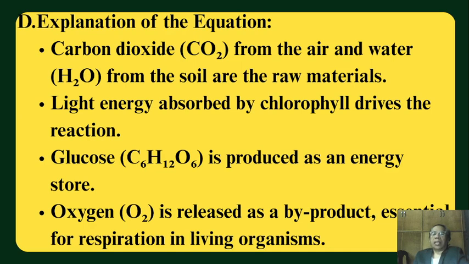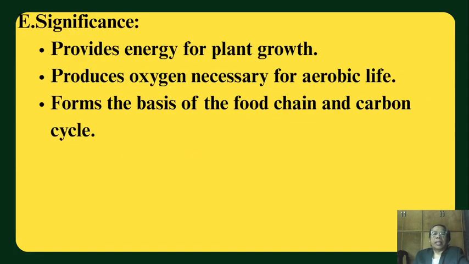Oxygen is released as a byproduct, essential for respiration in living organisms. Significance: provides energy for plant growth, produces oxygen necessary for aerobic life, and forms the basis of the food chain and carbon cycle.